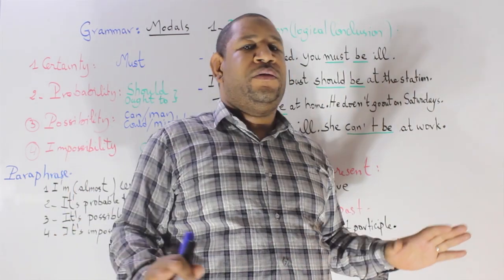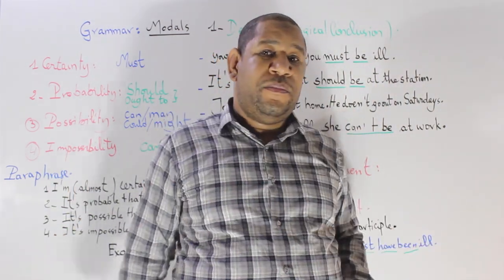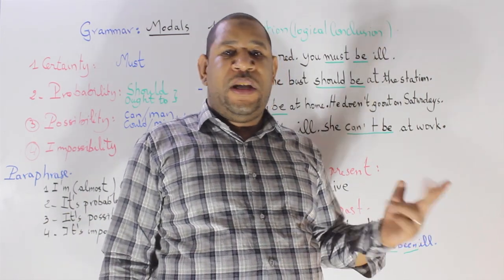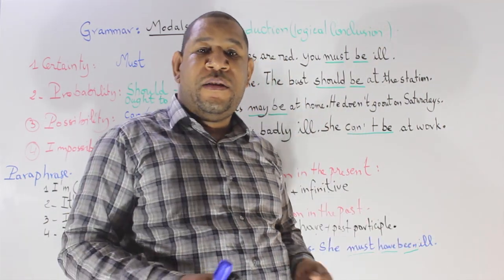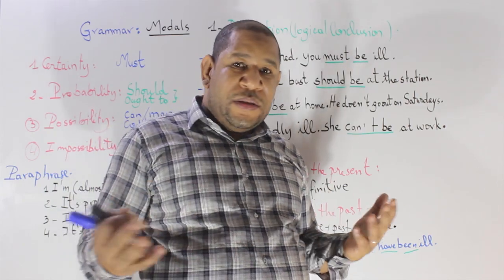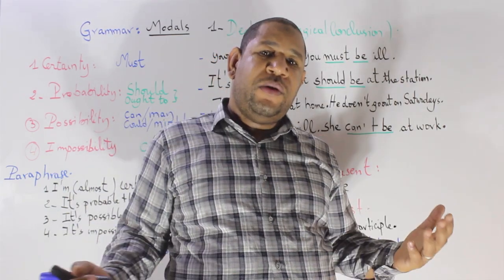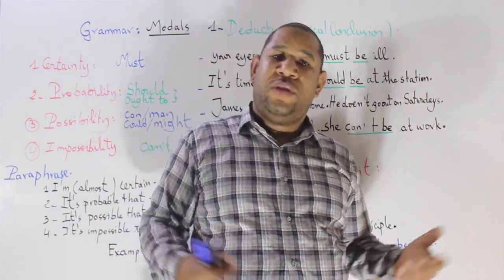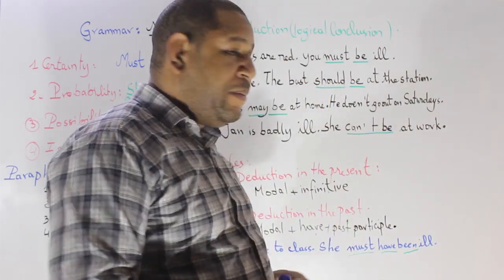I am very certain. I went home, he is not at home. How many possibilities do I have? 2 possibilities, so we can say may. But if we have 3 possibilities or more, we can say it might or it could. Okay? So that's for possibility.